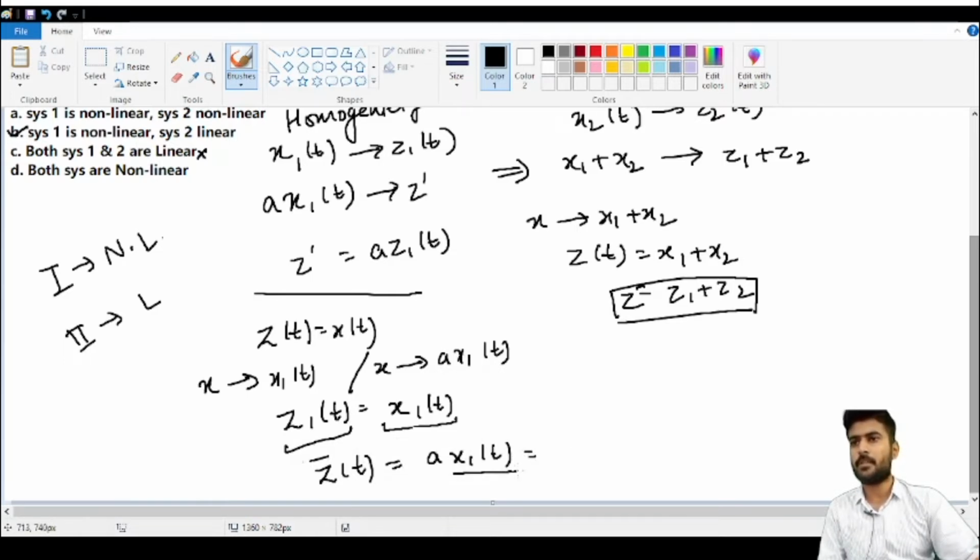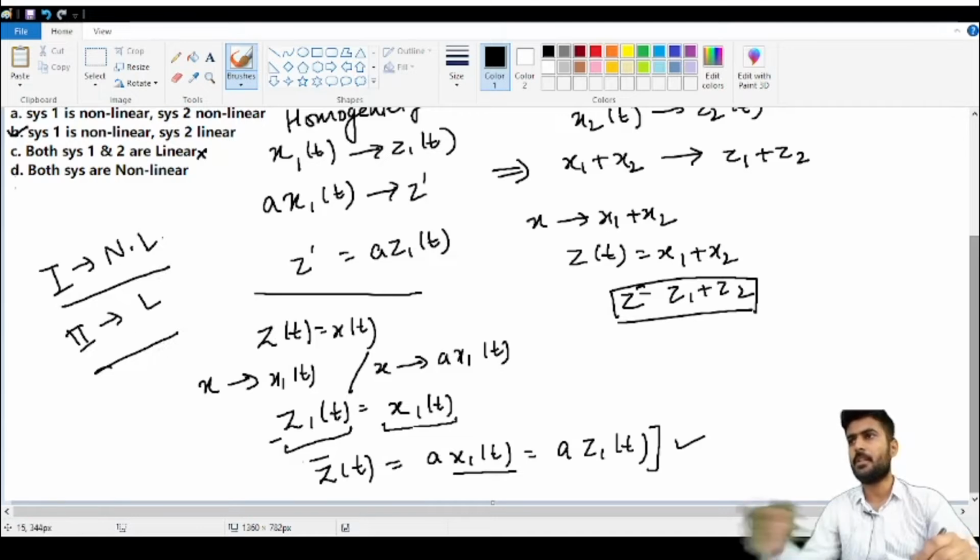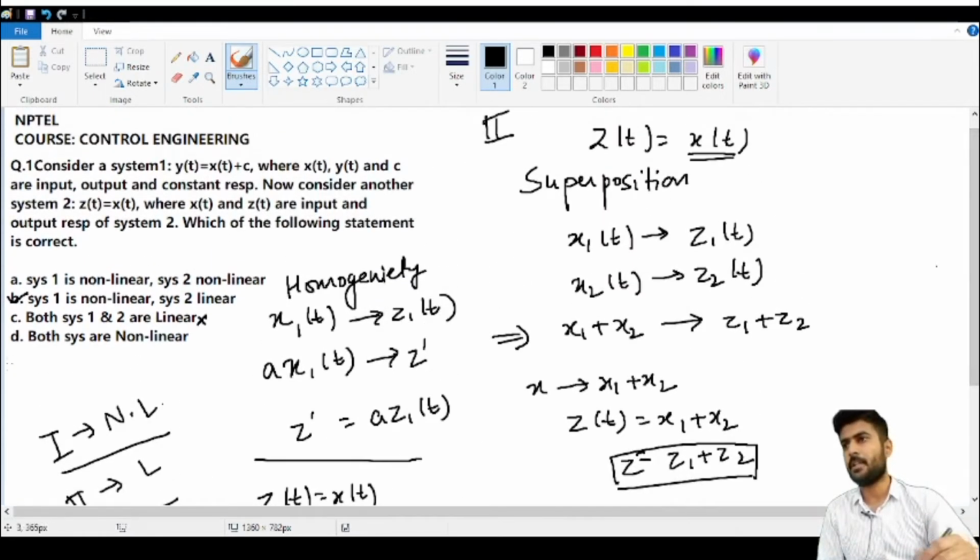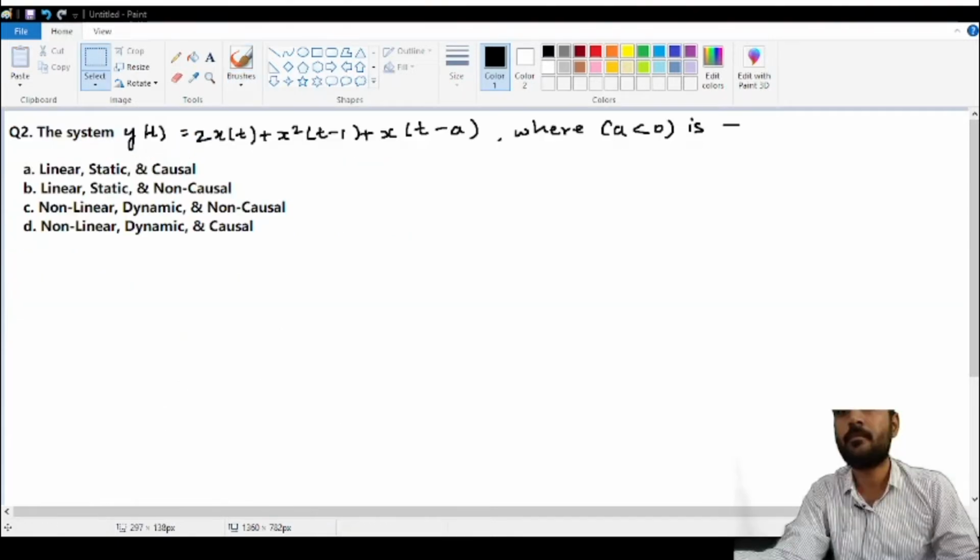In place of x1(t) we can put z1(t), so a z1(t). Clearly this system satisfies the homogeneity principle. So system 1 is non-linear and system 2 is linear. Option B in this first question is the correct answer. Moving on to the next question.